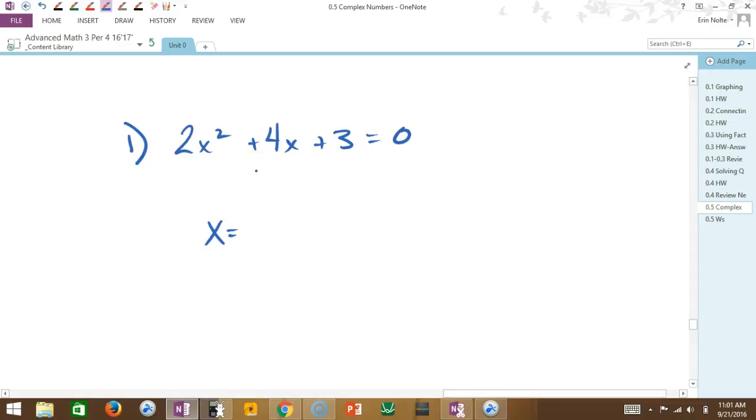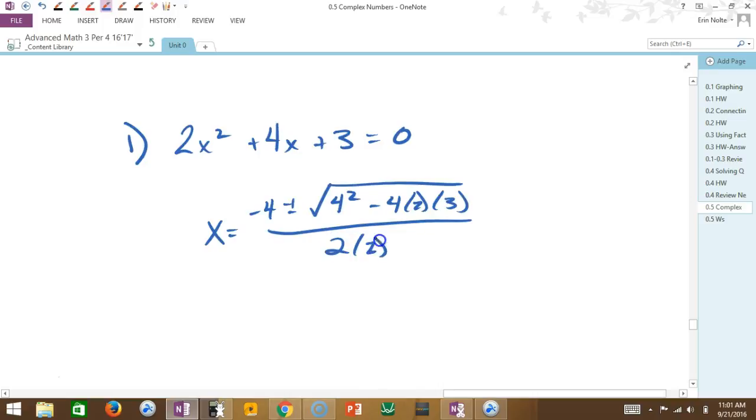Okay, so it goes -b plus or minus the square root of b squared minus 4 times the a times the c, all over 2 times the a. Everybody okay with the plug? Plugging it in. Okay, so now we're going to work on the inside.